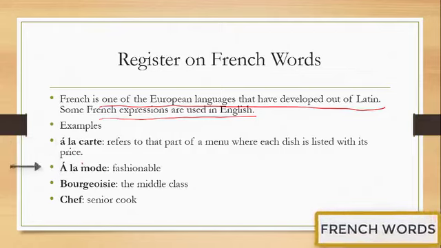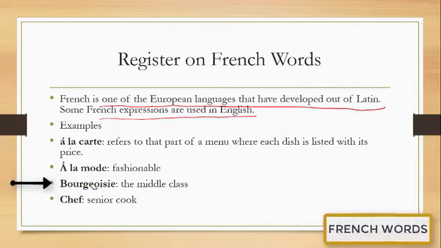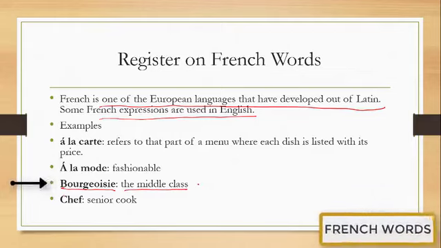Then we also have à la mode, and that means something that is fashionable. Then we have what you call the bourgeoisie, and that refers to the middle class. Remember, we have the upper class, the middle class, and the lower class.